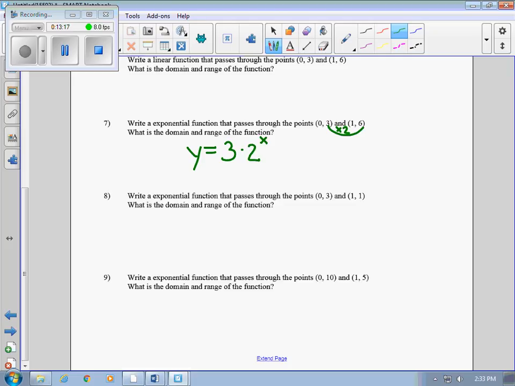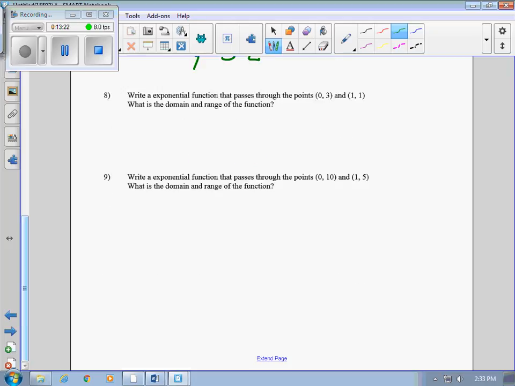Okay, number 9. Write an exponential function that passes through the points (0, 10) and (1, 5). So we're going to take a look at our y and see what that change is. It's a change of 1/2.